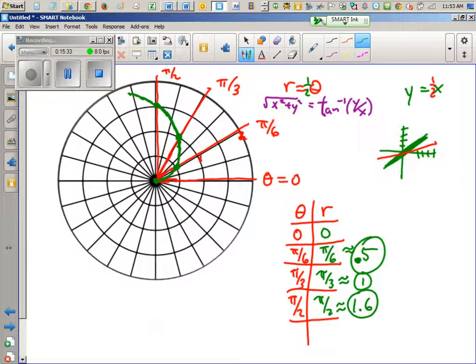R's will all be half of theta. So what happens to all my green points? They are at half distance. You see? Can you visualize it? So they're no longer out at 0.5 and 1 and 1.6. They're at half of that. Can you sketch it? Try it. So if this is r equals theta, what would r equals half theta look like?